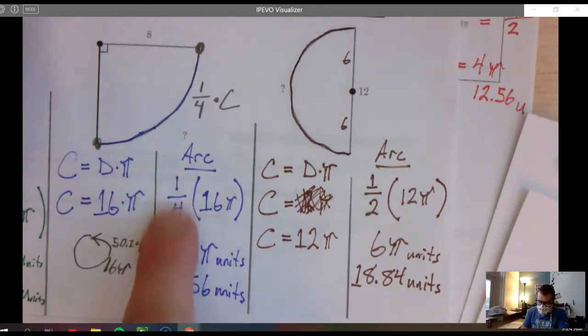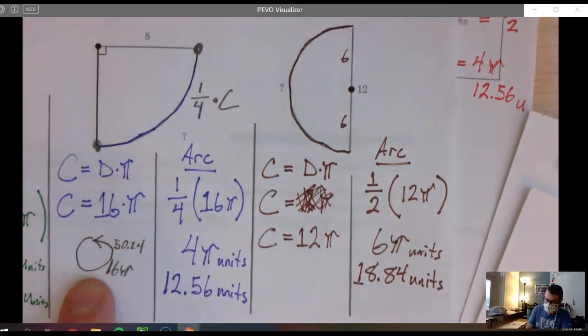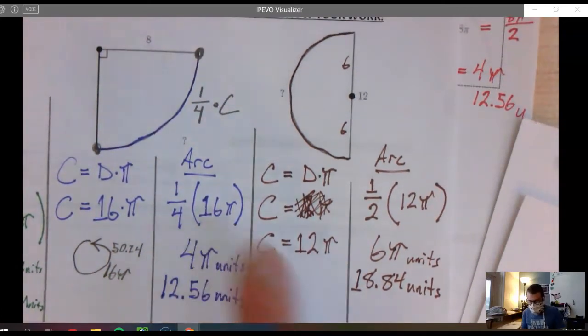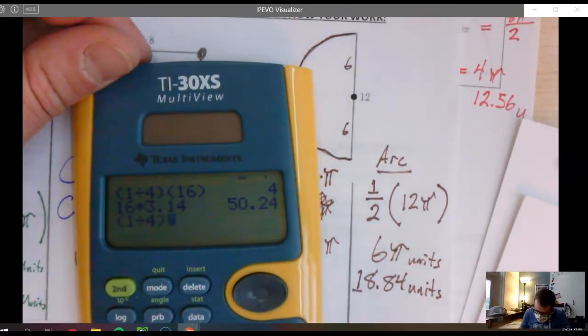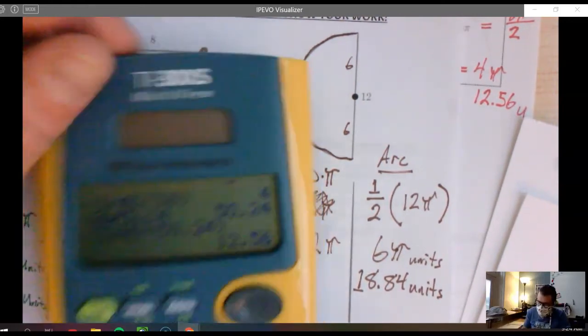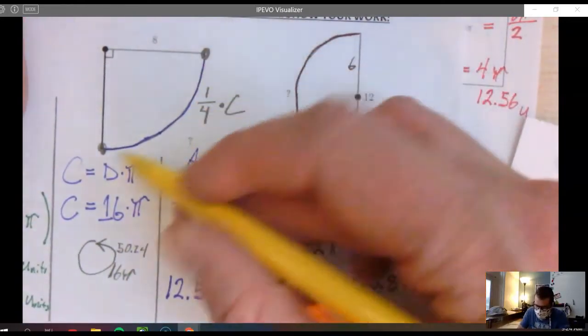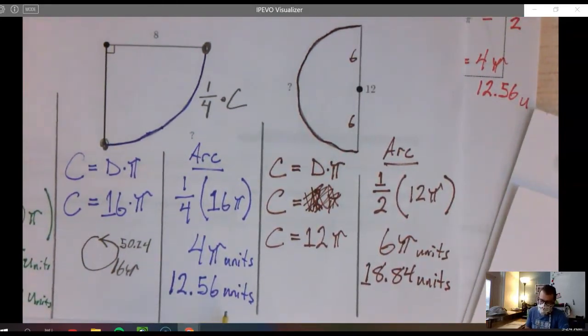So it's 1/4 of what we found the circumference would have been. If I want to use the decimal numbers, I can do 1/4 of 50.24, which is 12.56. So this distance would be 12.56 feet, or whatever we're talking about.